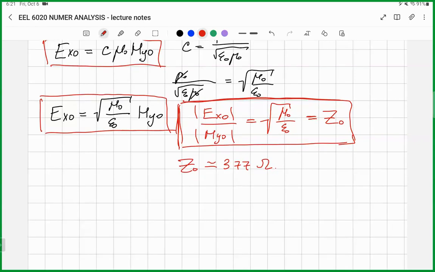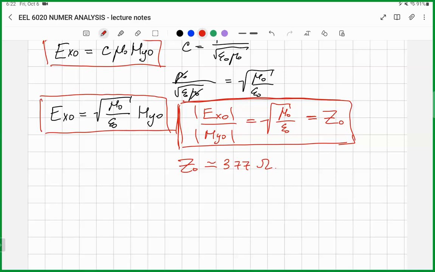Okay, so this is something one can remember. In the plane wave, the electric field and magnetic field amplitudes are connected through the value of the wave impedance, and this formula states that the electric field amplitude is 377 times larger than the amplitude of the magnetic field.